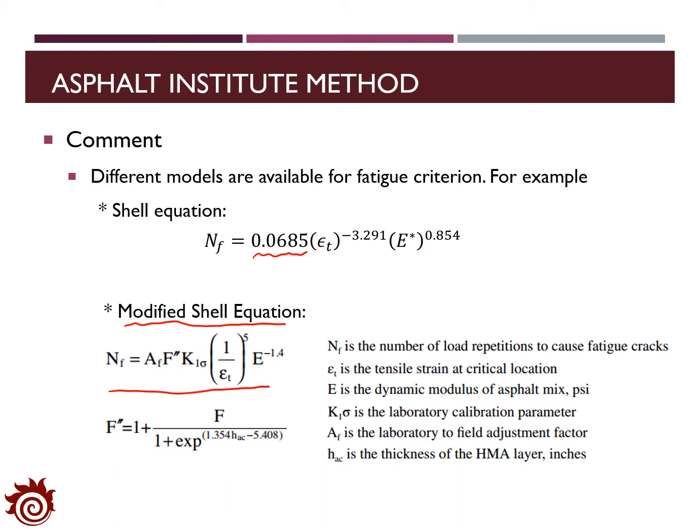In this equation, the allowable number of load repetitions will be a function of the tensile strain at the bottom of the asphalt layer, the modulus of elasticity for the asphalt layer, some lab calibration parameters, and the lab to field adjustment factors, also the thickness of the asphalt layer.